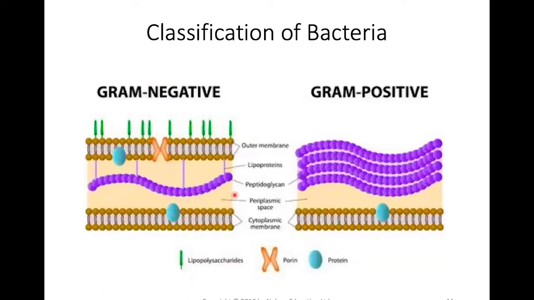To give you another perspective, in the gram-positives, we have a very thick peptidoglycan layer that is capable of absorbing that gram staining. And here in the gram-negatives, we have that outer membrane covering the very thin peptidoglycan layer sandwiched between both outer and inner membranes.